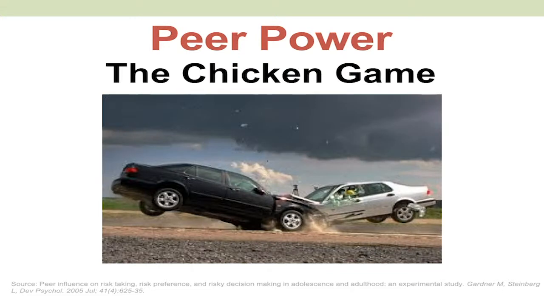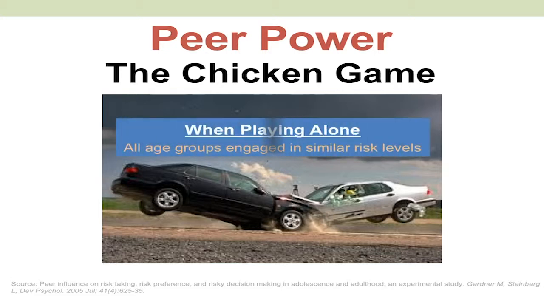In an experiment to examine age differences in risky decision-making, early adolescents, late adolescents, and adults were tested on a computerized driving chicken game. Participants played the game either alone or with two same-aged peers.